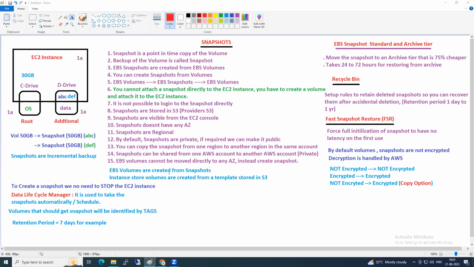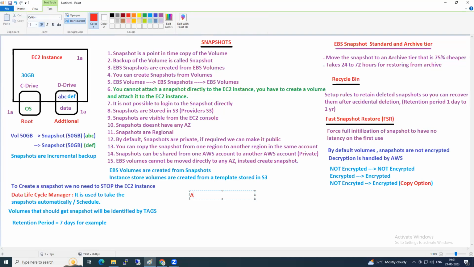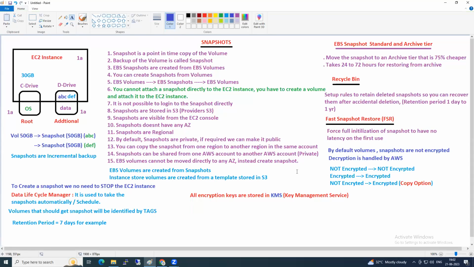So all encryption keys are stored in which service? In KMS, Key Management Service. Are the encryption keys the same as your access keys and secret keys?